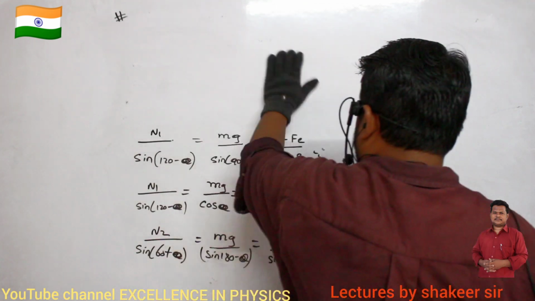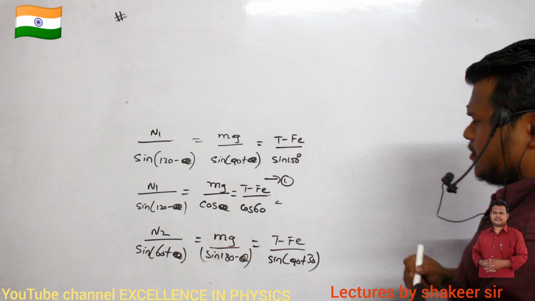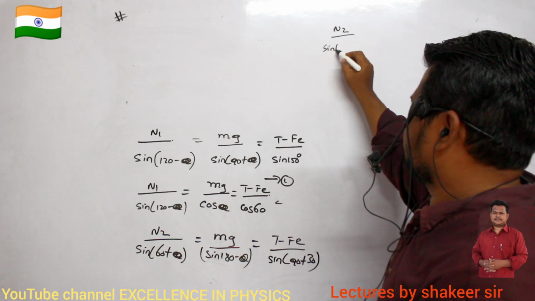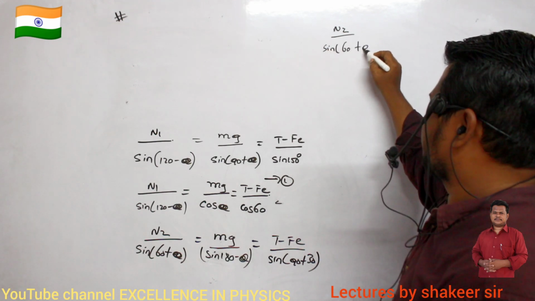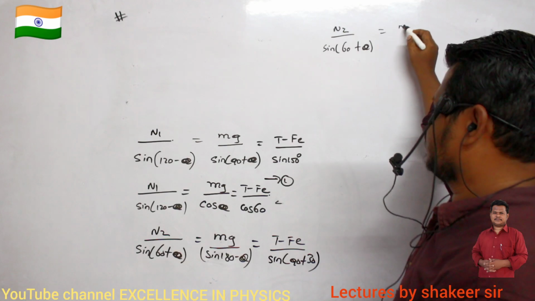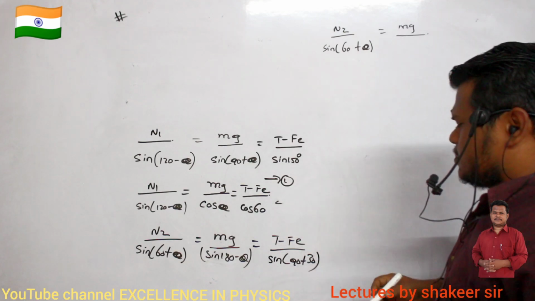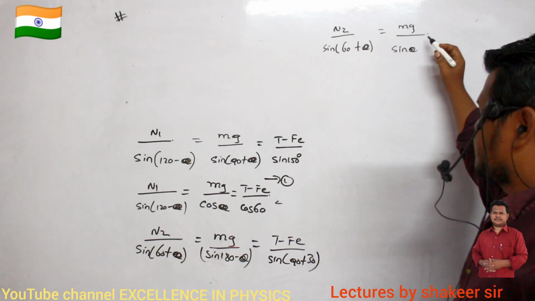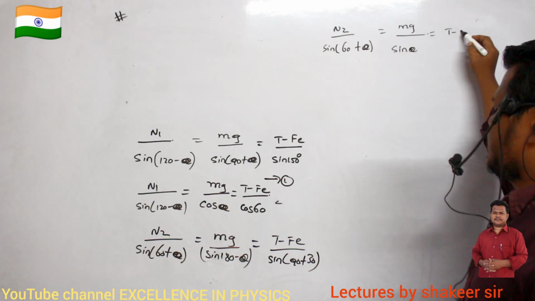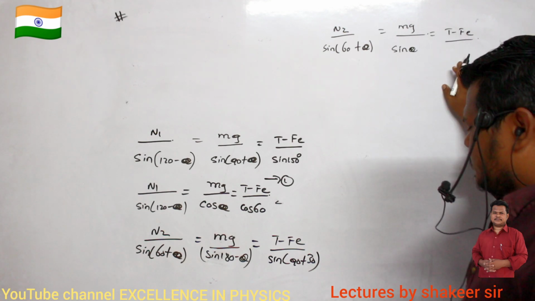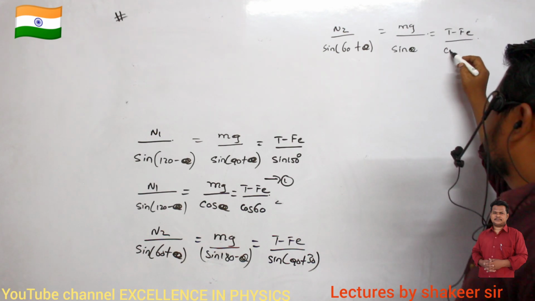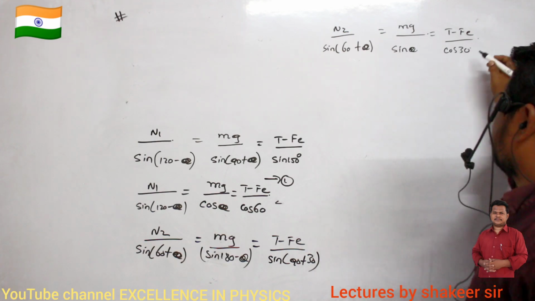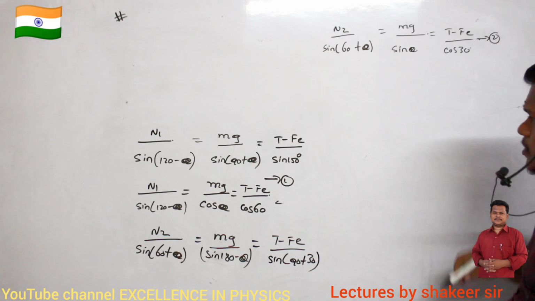If I simplify this second relation, I can write N2 divided by sine 60 plus alpha is equal to mg divided by sine 180 minus alpha, which is sine alpha only, which is equal to T minus Fe divided by sine 90 plus 30, which is cos 30. That's all. So this becomes our equation number 1 and this becomes our equation number 2.